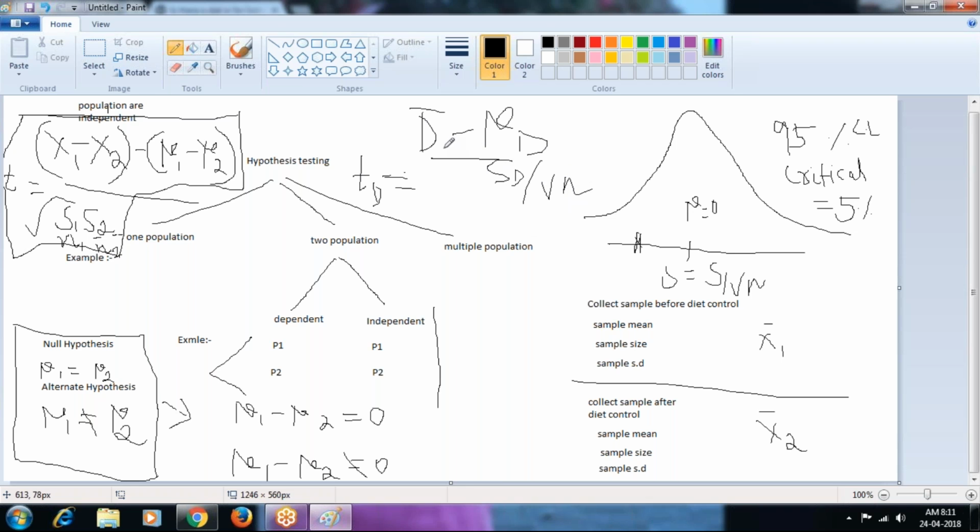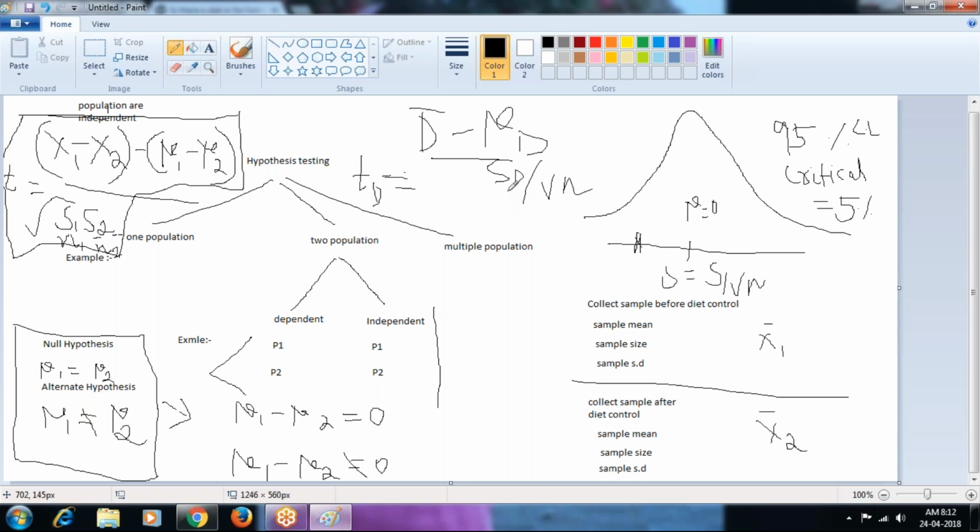So d is the difference of sample means, which we got as x1 bar minus x2 bar. And mu of d is the population difference, meaning mu1 minus mu2. So what is s of d?